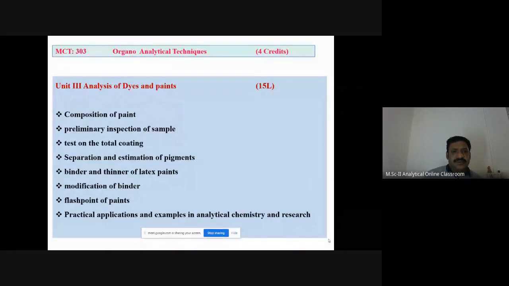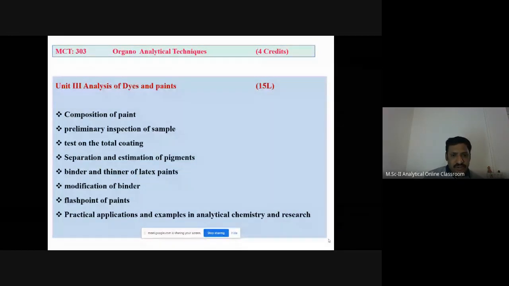If you see the syllabus of analysis of dyes and paints, we have already learned the composition of paint, preliminary inspection of sample, test on the total coating, then separation and estimation of pigments. All of you studied the composition of paints. From that, binder and thinner of latex paints are there.